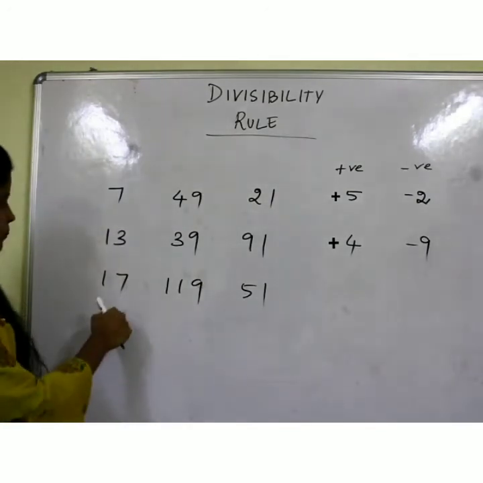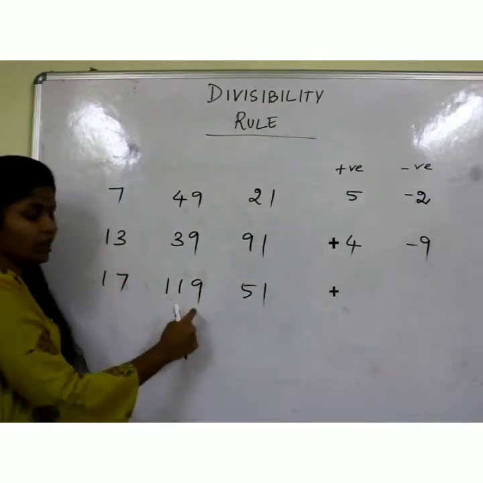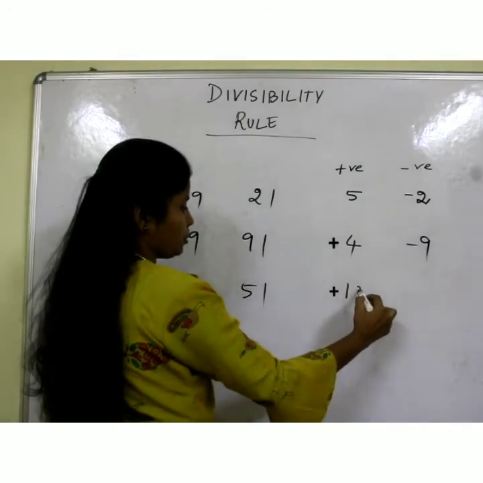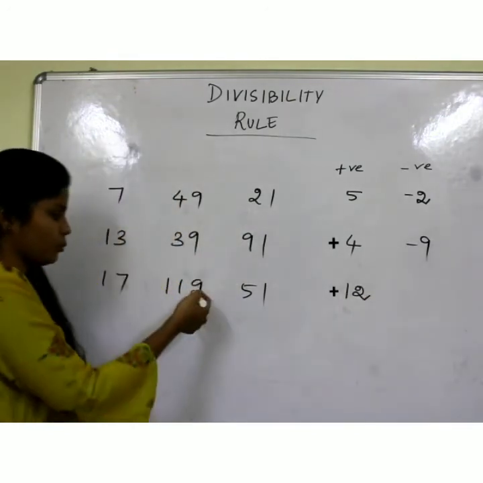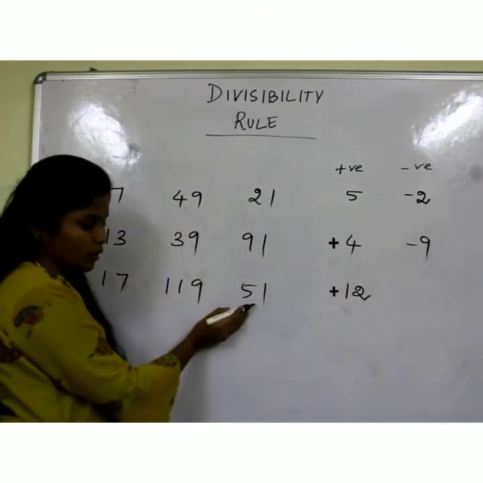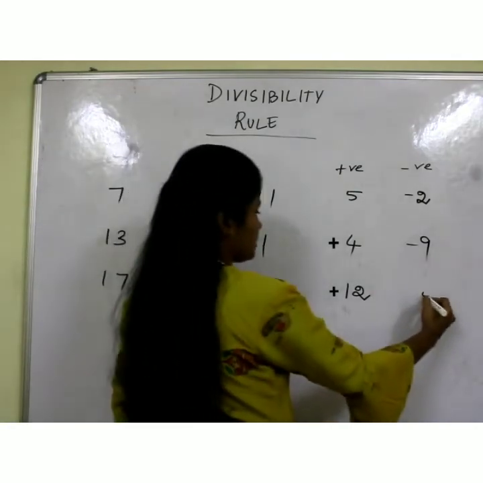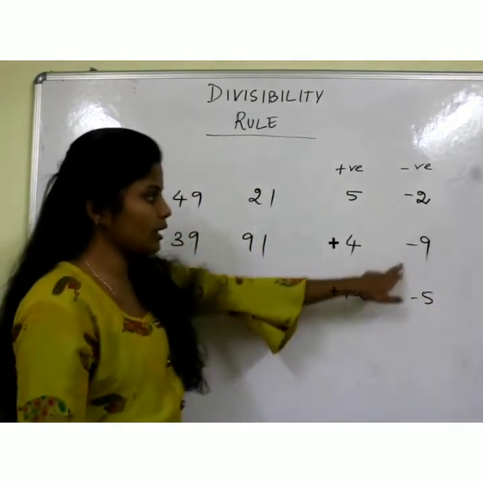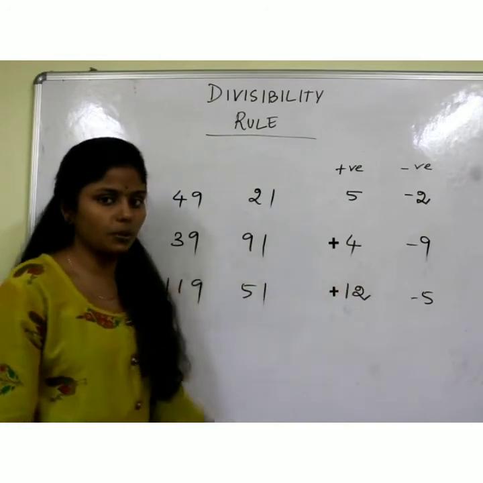Similarly, for 17, in 119, I can make 12 times 10 by adding 1 to it, and by removing 1 from this, I can make 5 tens. So that's the reason, again I have included negative signs over there.